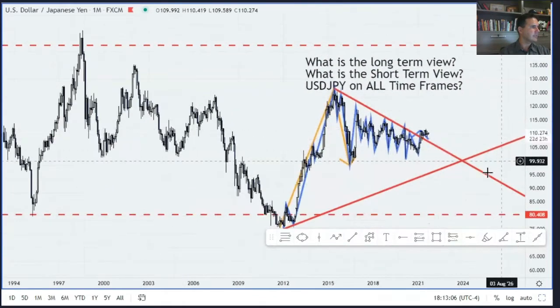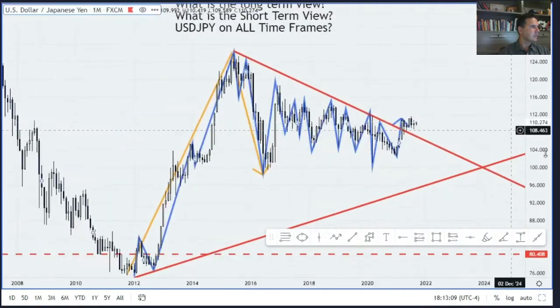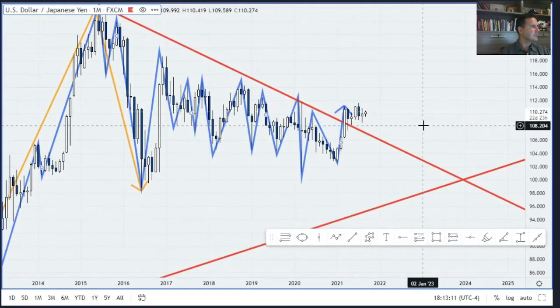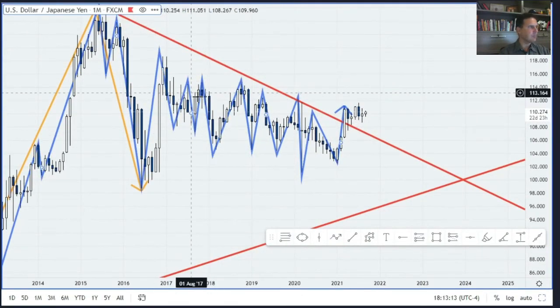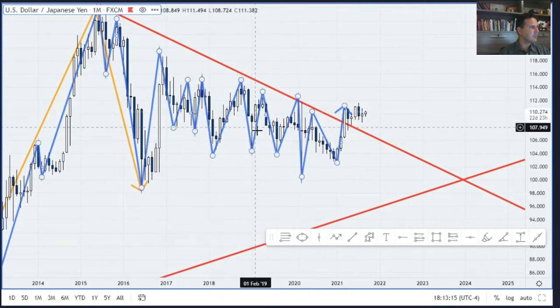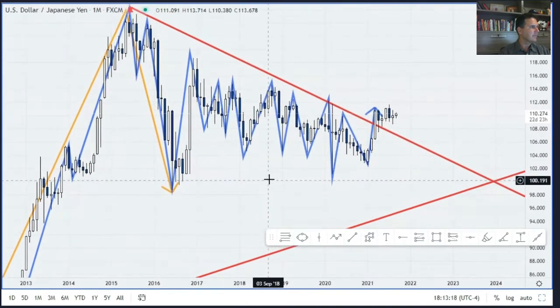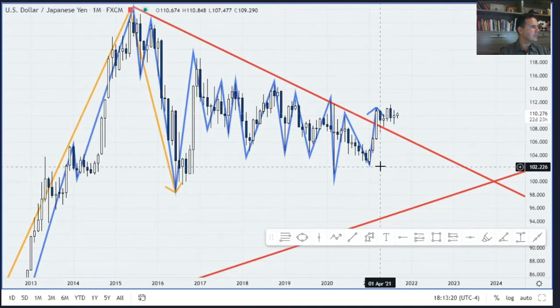Now what about the trend, or short-term trend? Let's take a look at the blue lines, right? What is the market making? Is the market making higher highs, higher lows, or is the market making lower lows, lower highs? Trend line is a tool that confirms the trend.